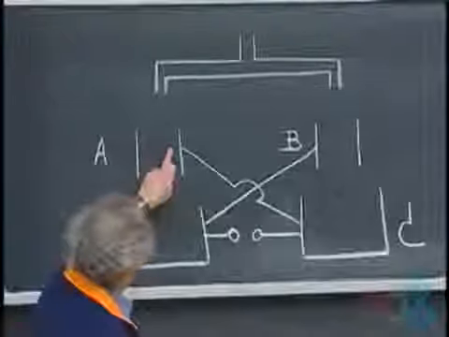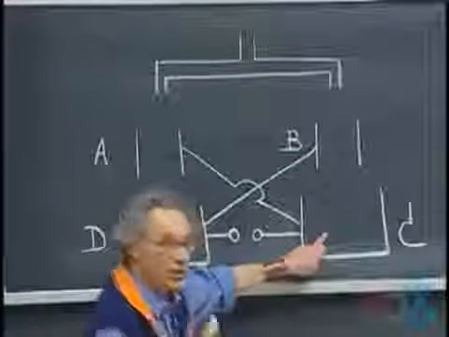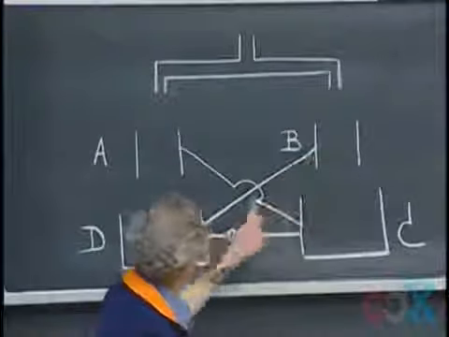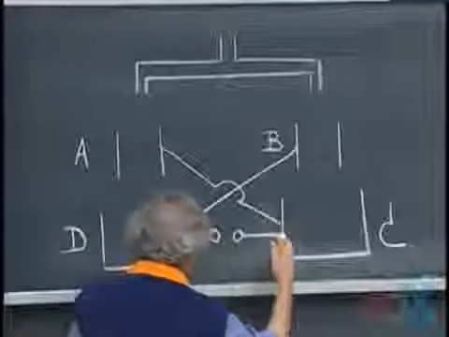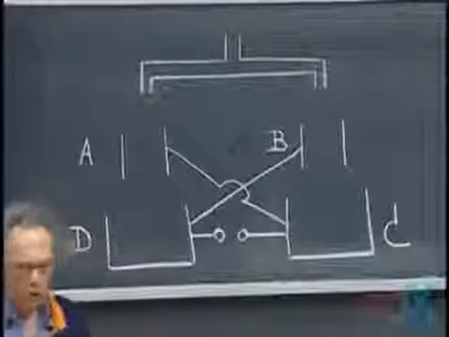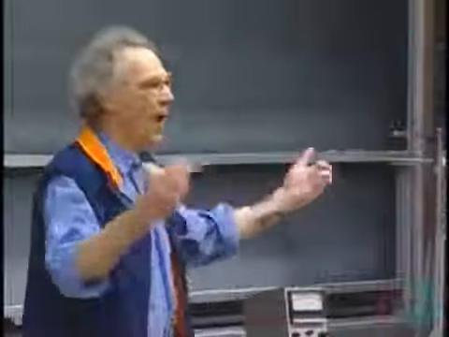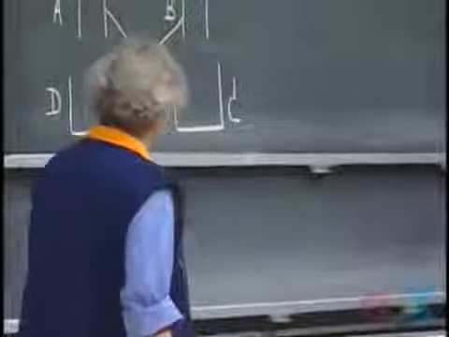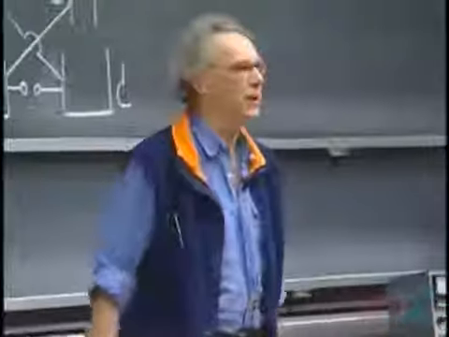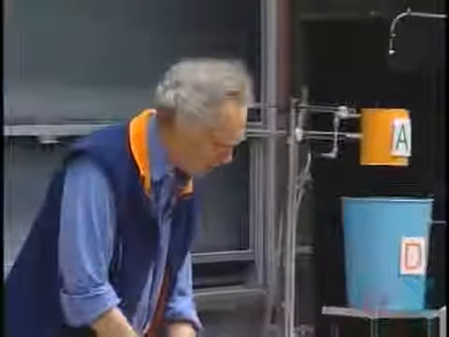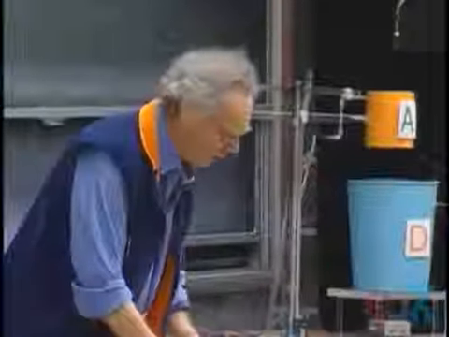And the paint can A is connected to C, that's crucial, and the paint can B is connected with D. And here there are two balls which I can bring close together. I run water, and after a while I see a spark here. I can even see a spark when the distance is something like 6 millimeters, which would be about a potential difference of about 20 kilovolts.